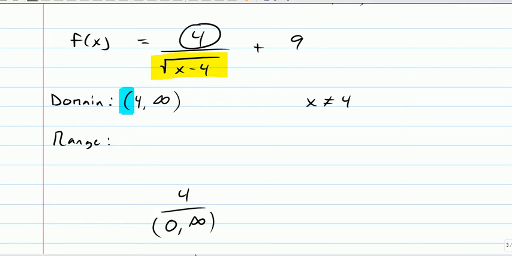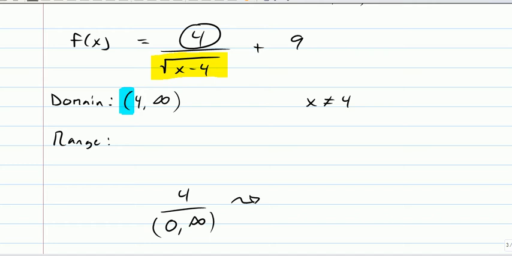What does this produce? When you plug 10 in, 4 over 10 is 0.4. If you try to divide 4 by all of the numbers in that set, you're going to get new outputs.